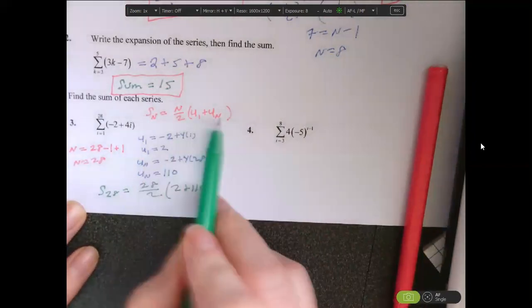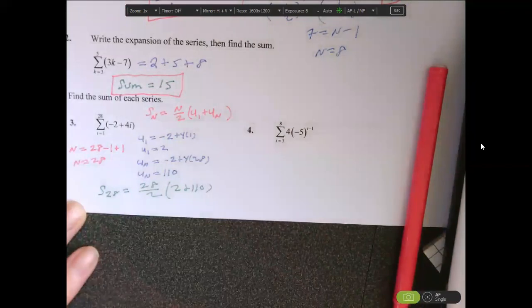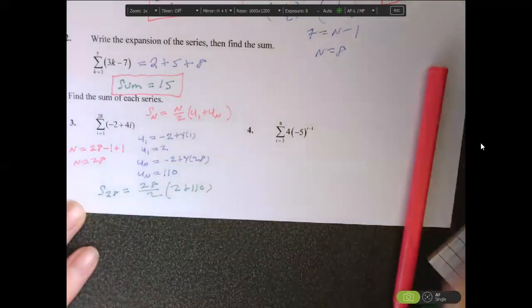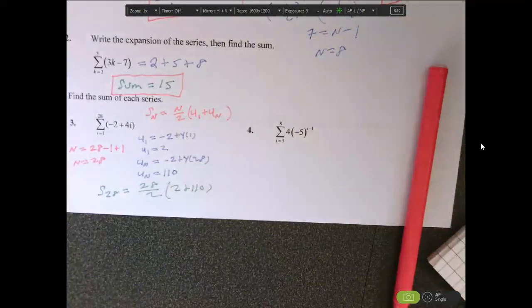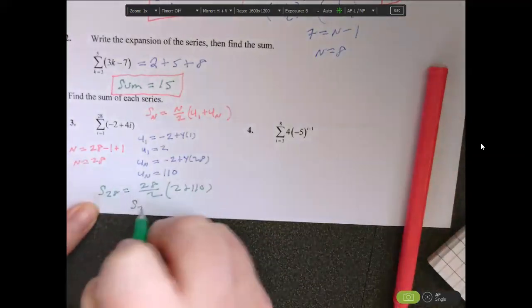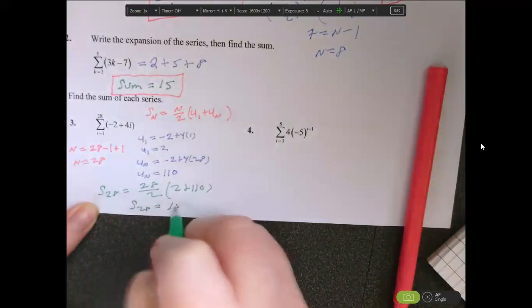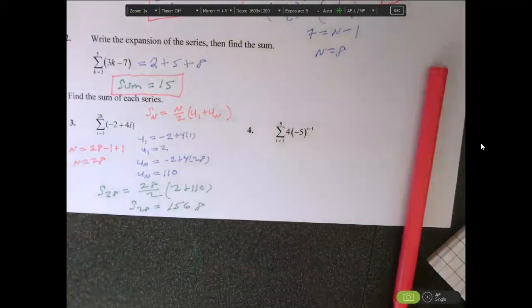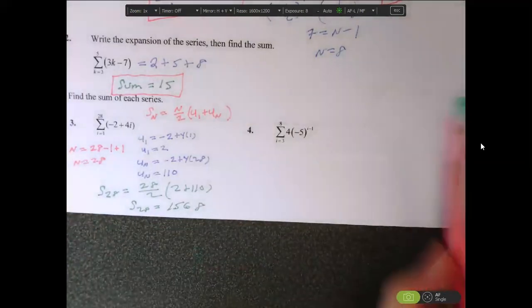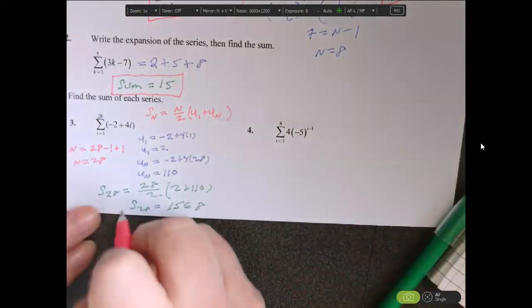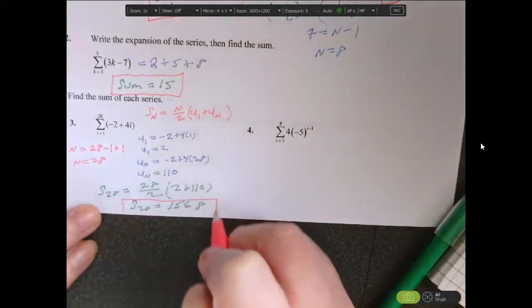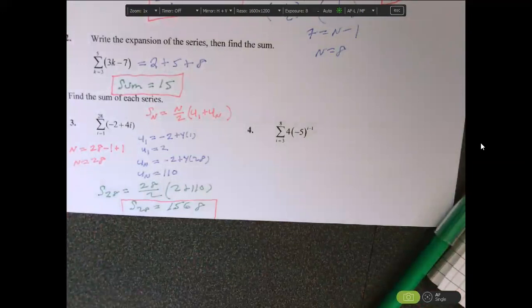Again, all I'm doing is substituting into our formula for the sum of an arithmetic sequence. Grab your handy dandy calculator. You don't need to show us any more work than that. And see if you get the same thing I did. I got S sub 28 equals 1568. And that's our answer.